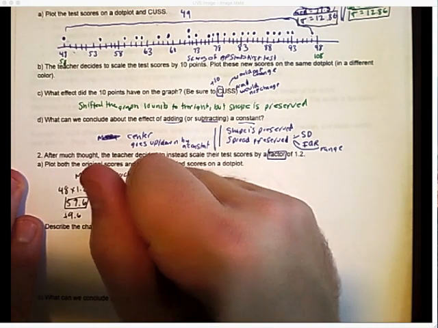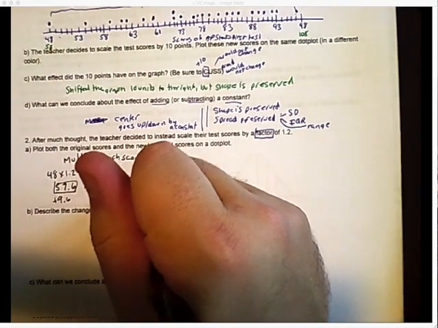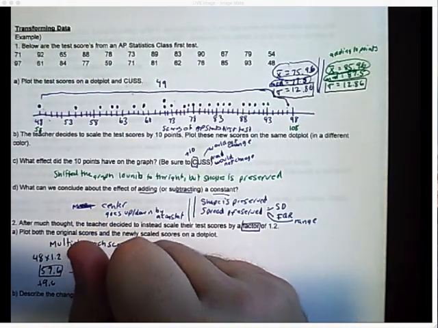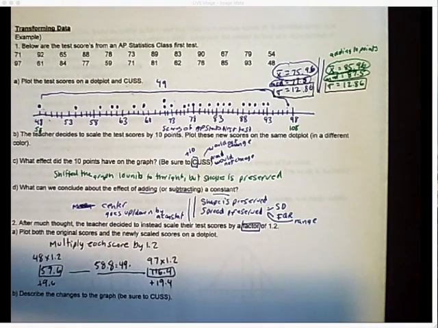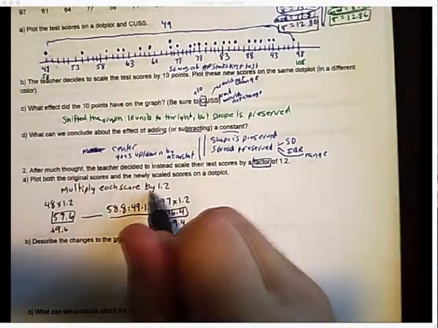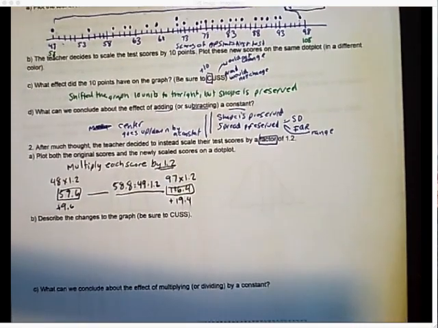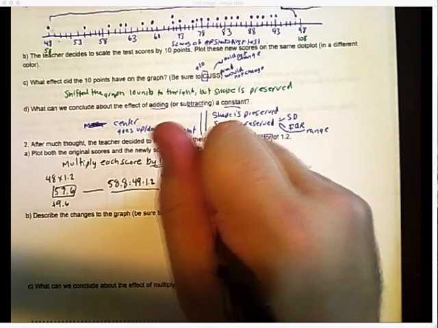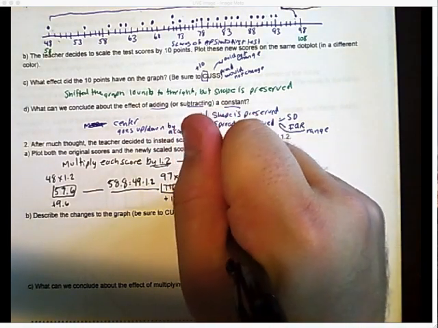The range now becomes 58.8. And hopefully you recognize that 58.8 is the original spread, one measure of spread, which is range, 49, times 1.2 as well. So when you multiply each score by 1.2, it changes the spread as well.